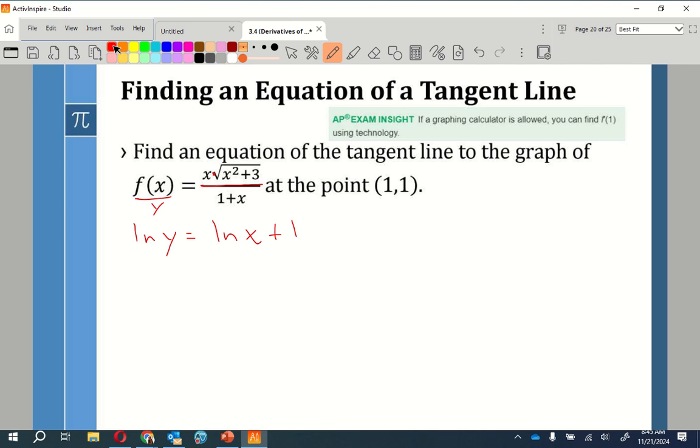Natural log of parentheses x squared plus 3 to the 1/2 power. Yep, very good. 1/2. And then, minus natural log of 1 plus x. Very good, just like that.